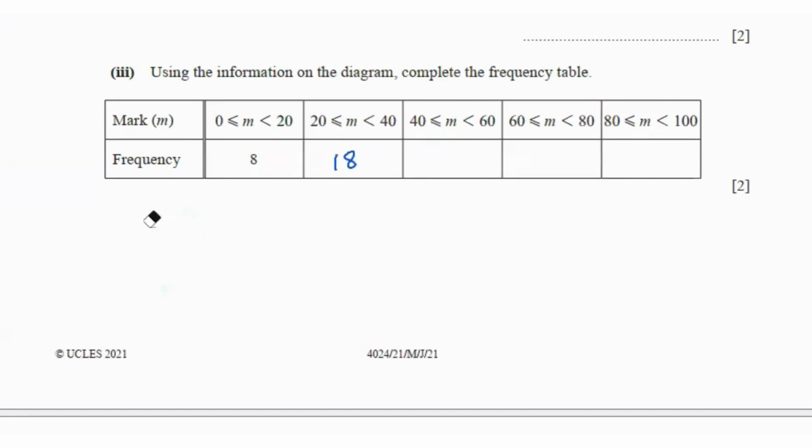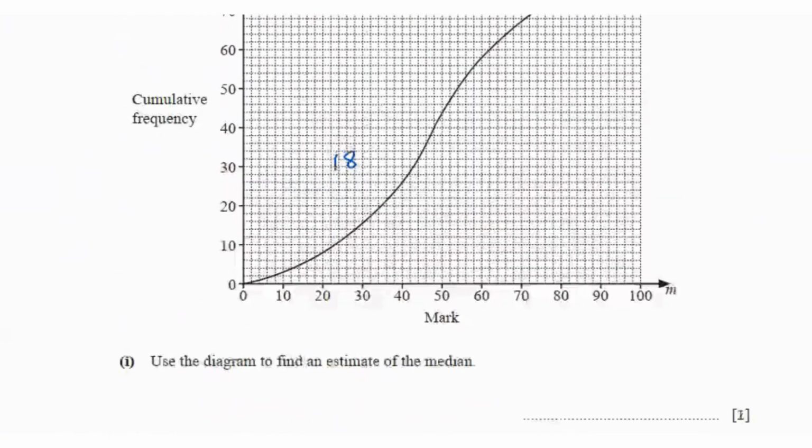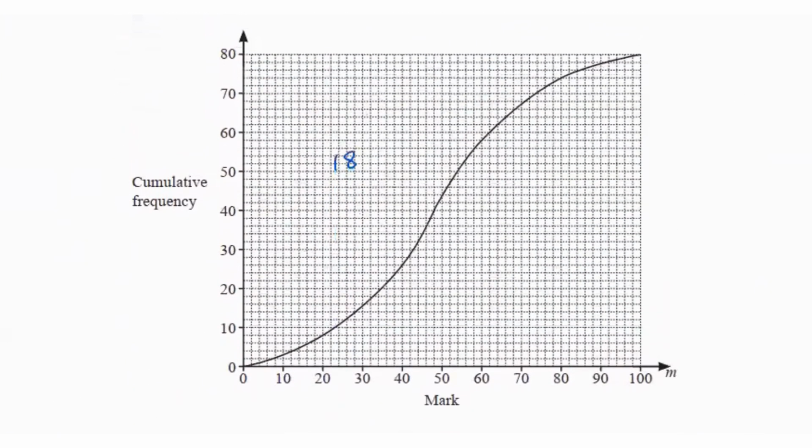Then go back again and find the cumulative frequency at 60. 60 is going to be over here. So that's 58.